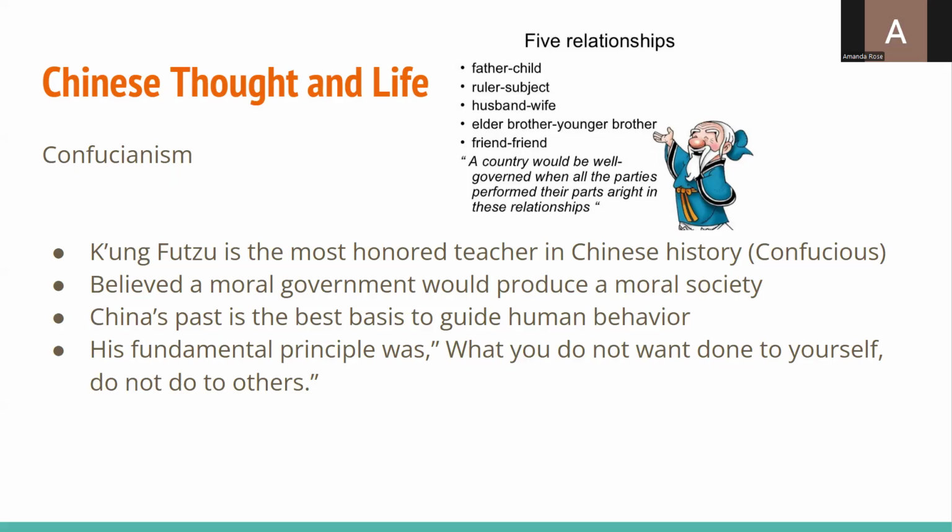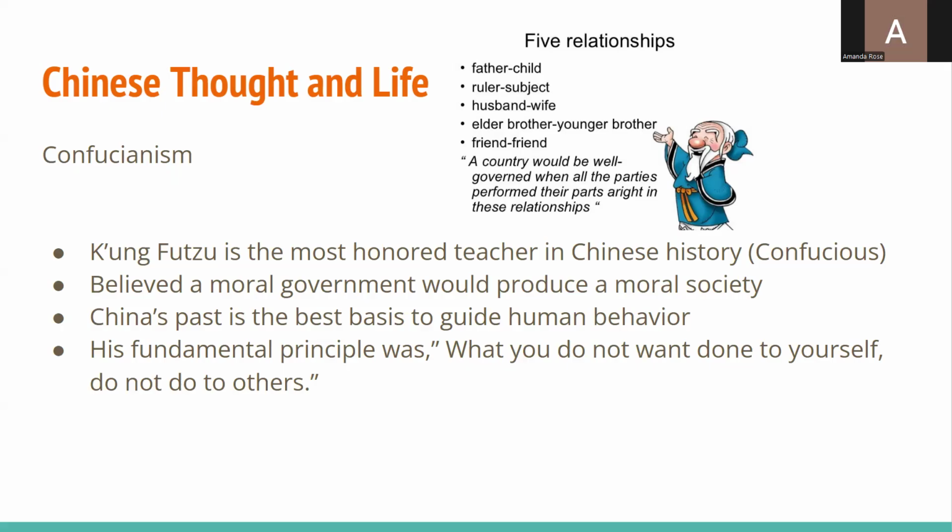He sought to train men who, by entering government service and through proper conduct, would bring about a moral society. His disciples recorded and expanded on his teachings and developed a system of ethics that became a major influence on Chinese culture. Fundamental to Confucius's teachings was his belief in five basic human relationships: father and son, elder and younger brothers, husband and wife, friend, and ruler and subject.